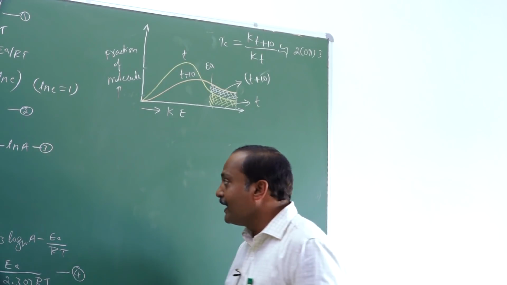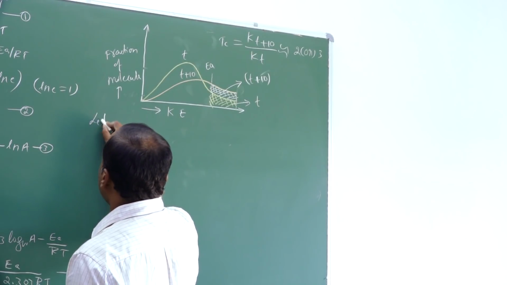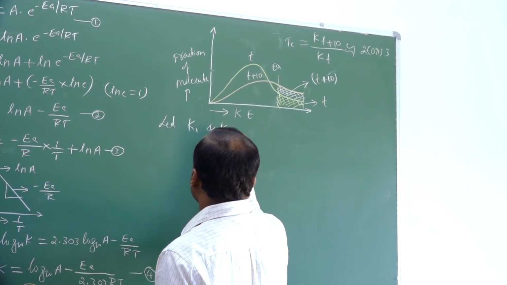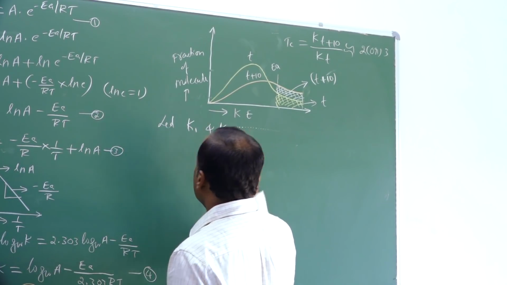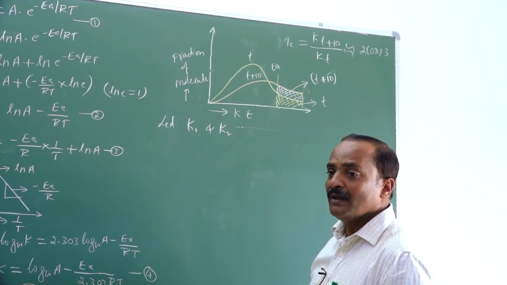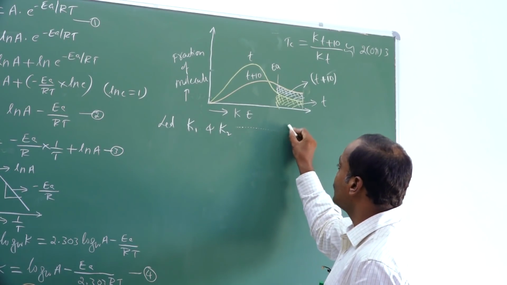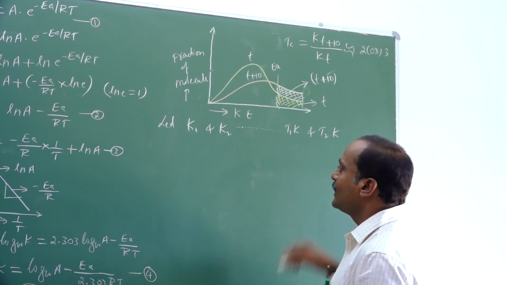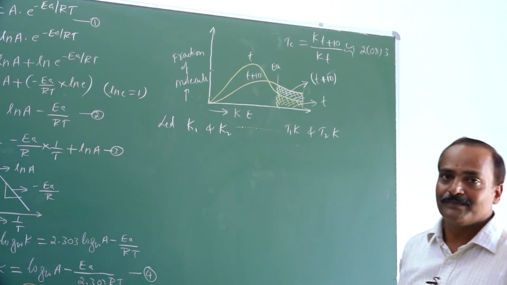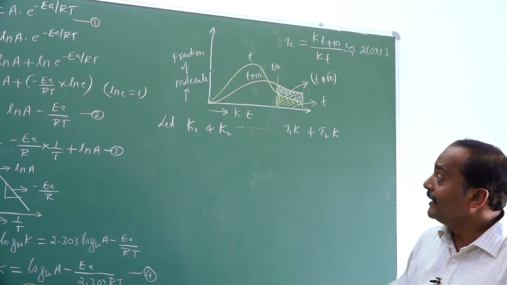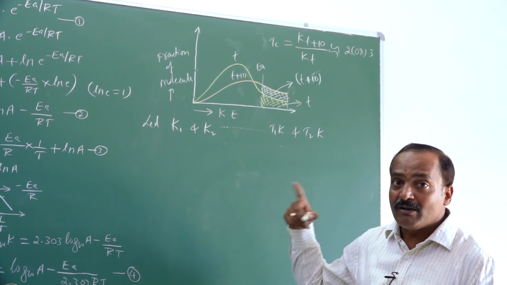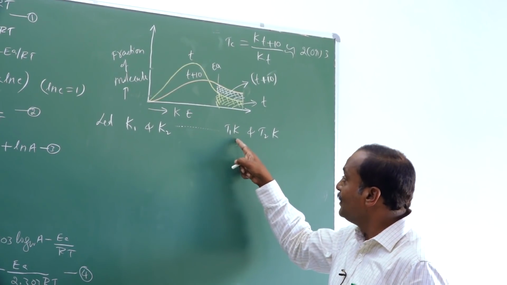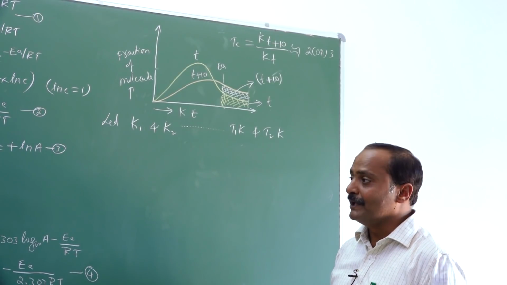Let K1 and K2 be the rate constants at two different temperatures T1 Kelvin and T2 Kelvin respectively.